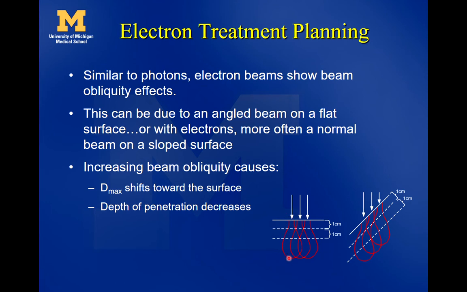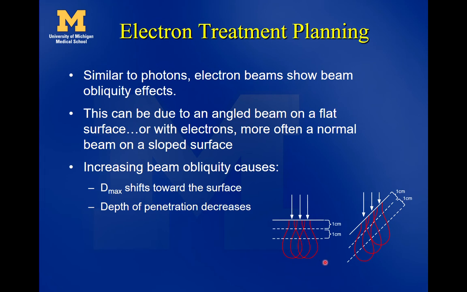You'll get this teardrop shape for each of these electron beams. So I have 3 teardrops overlapping. But then if the electron beam's hitting tangential to the patient, so instead of hitting straight on, it's coming this way, you'll get this oblique beam, and these teardrops are still happening. The physics is identical, but they're overlapping in a different way.